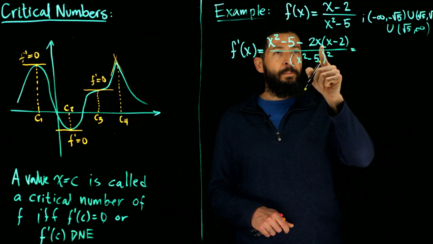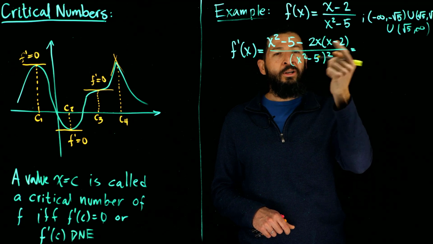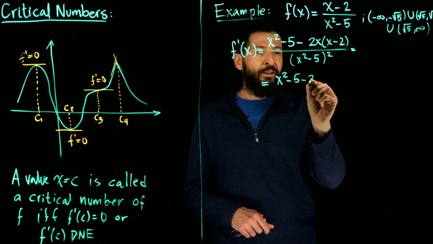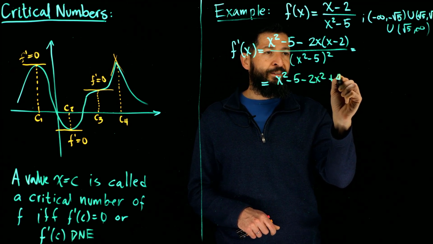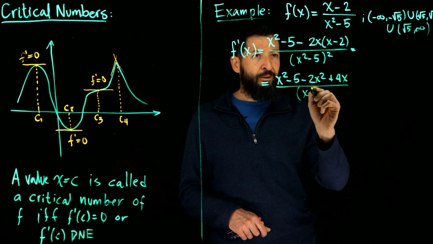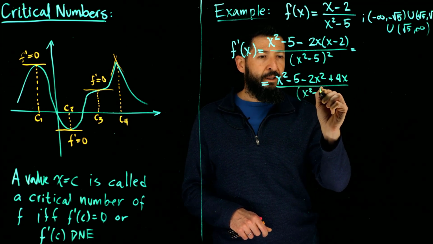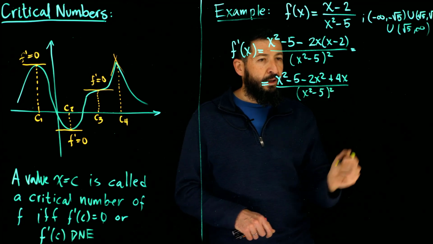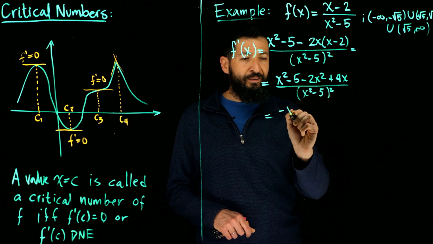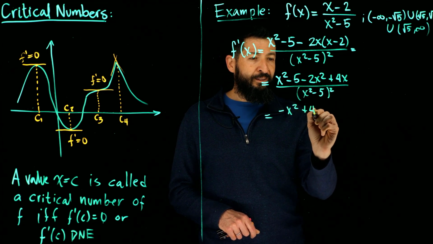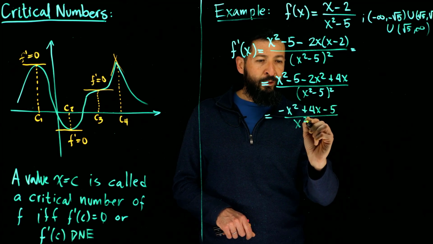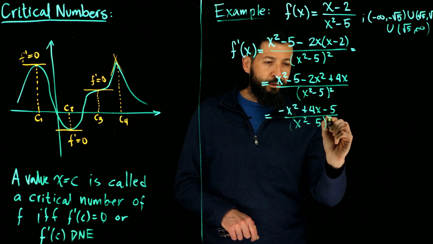And so we simplify. Actually, let me write it all out. x squared minus 5 minus 2x squared plus 4x when you distribute. So it's a little more straightforward to see what we're going to obtain. Once we simplify, we get x squared minus 2x squared, which is negative x squared, plus 4x minus 5, all over x squared minus 5 squared.